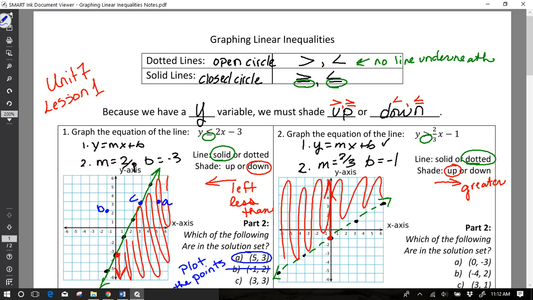So if I have a solid line, points on the line are included.